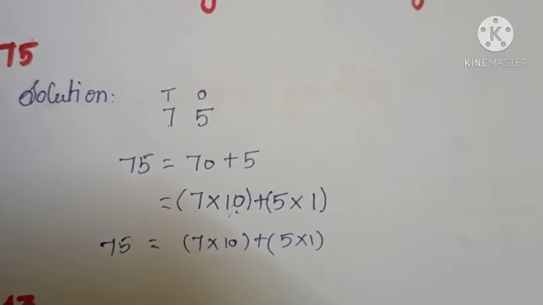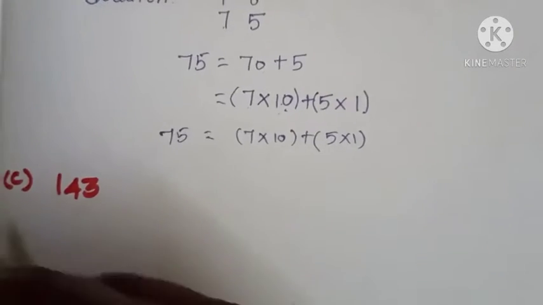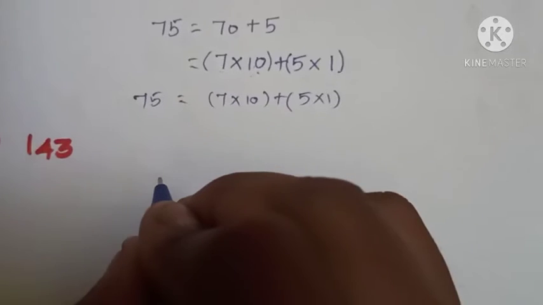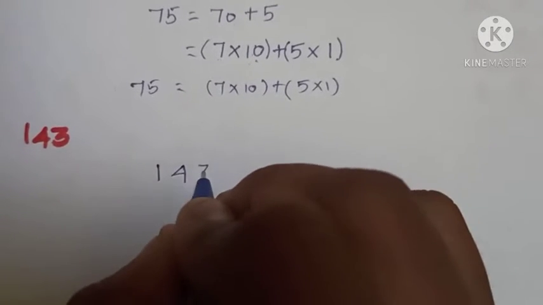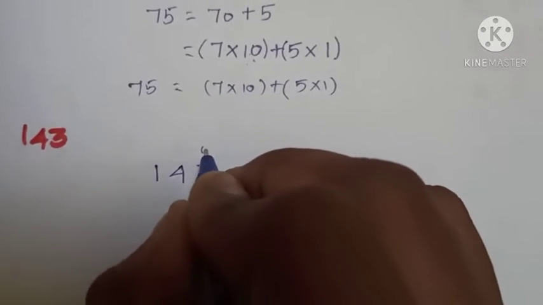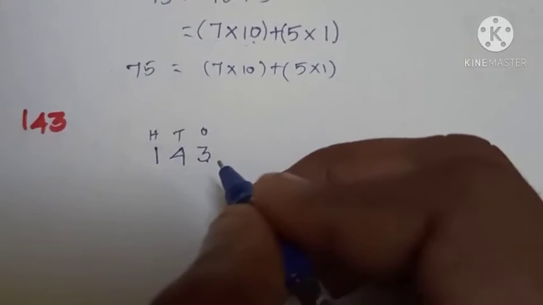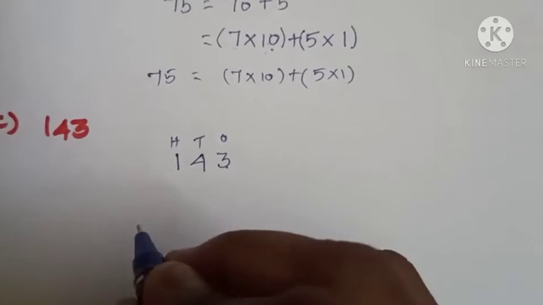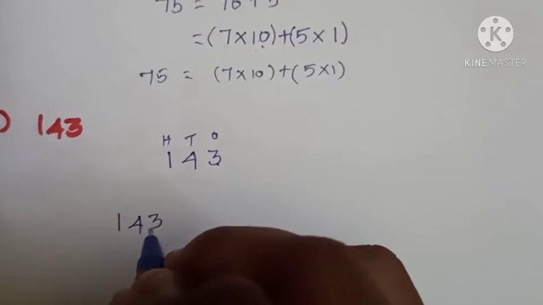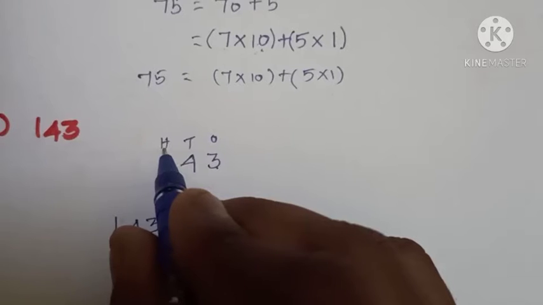In the same way we need to go for 143. So 3 is in the ones place, 4 in the tens place, 1 in the hundreds place. Now directly you can write it in the general form. 143 is equal to how many hundreds are there?